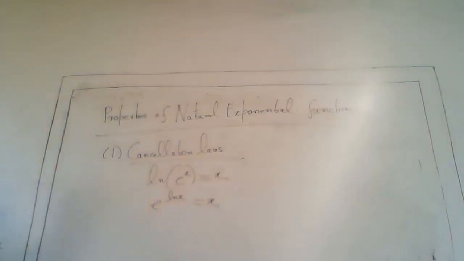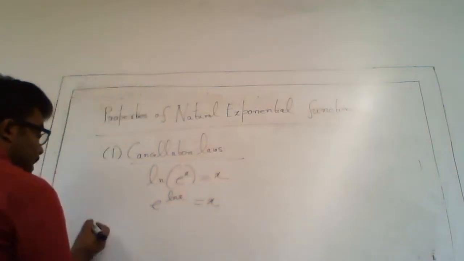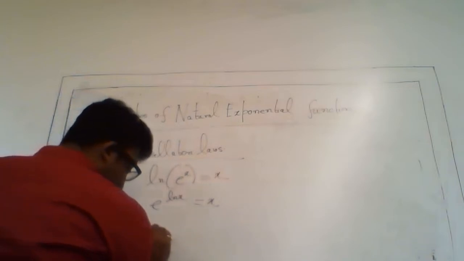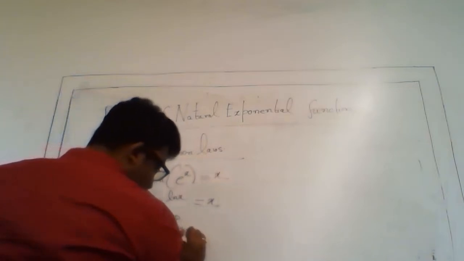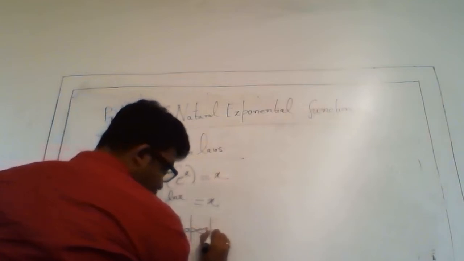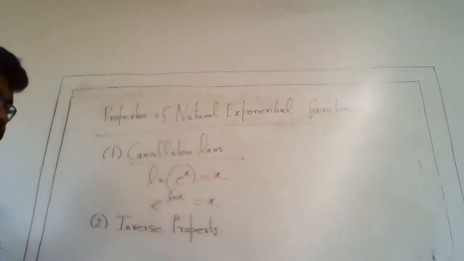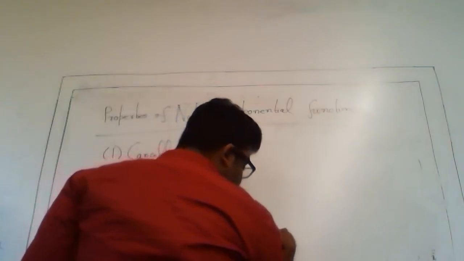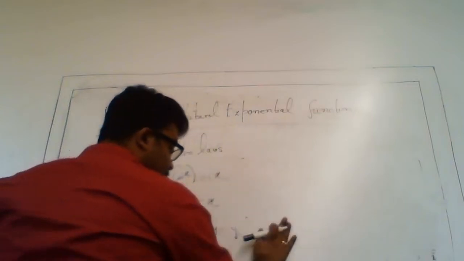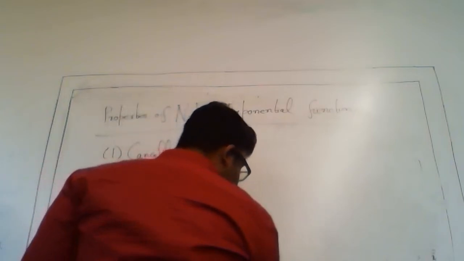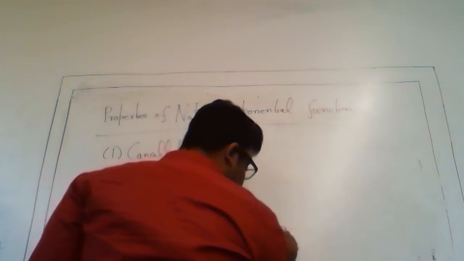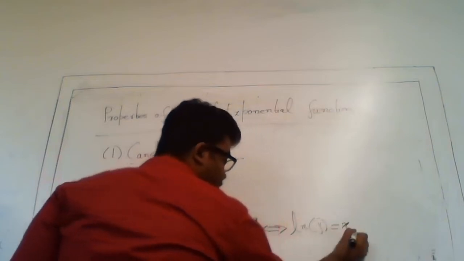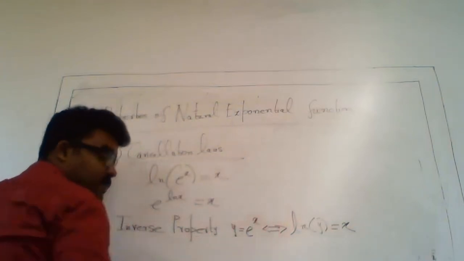Then we have the inverse property that I have also stated. The inverse property is: y equal to e to the power x. From here you can write ln y equal to x. So as if I take e on that side, it becomes ln.